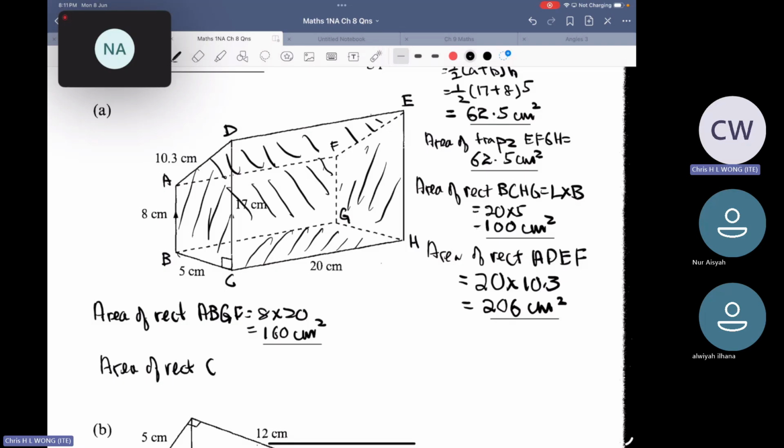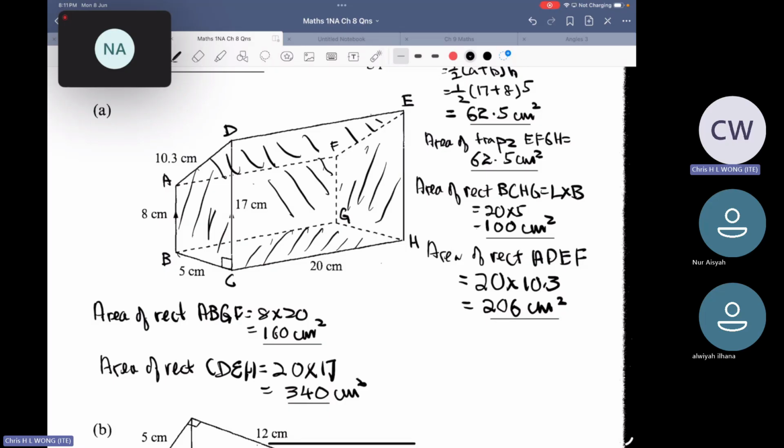CDEH equals to 20 times, oh, you can't see this one covered, 20 times 17, 340 cm square. Underline.